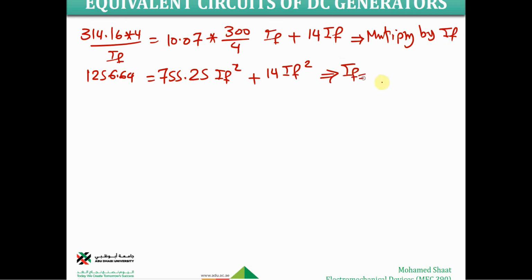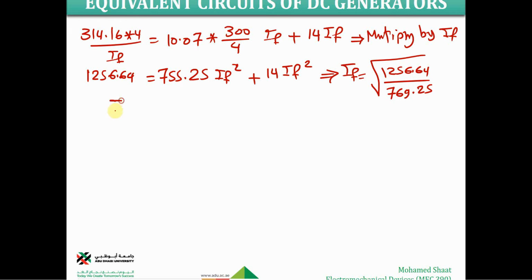Definitely solving this is gonna give us the IF squared equals 1256.64 divided by the 755.25 plus 14, which is gonna be 769.25, right?